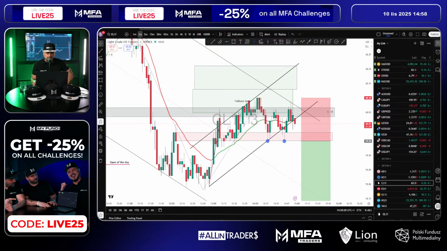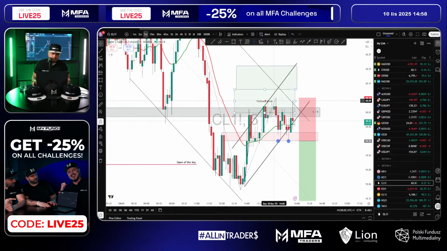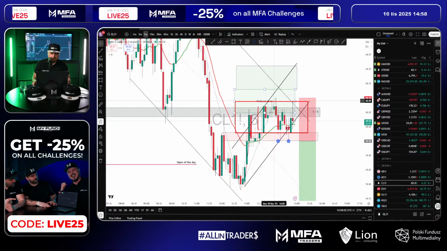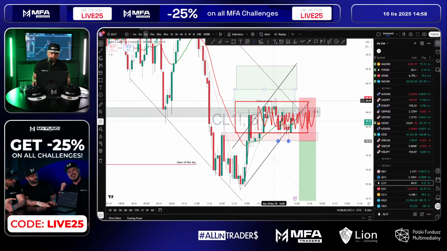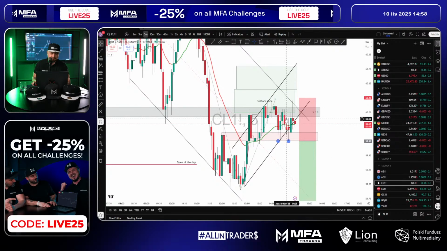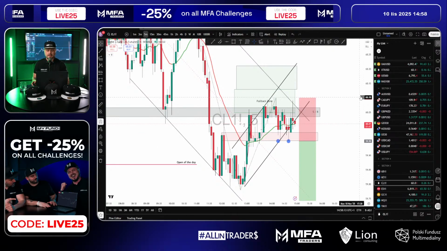3 minutes. You can see the price stopped over here. They are moving up and down. They don't know where they want to go. Buyers and sellers are fighting.